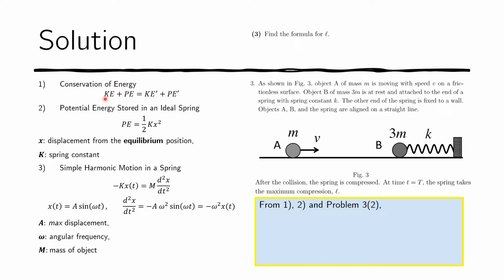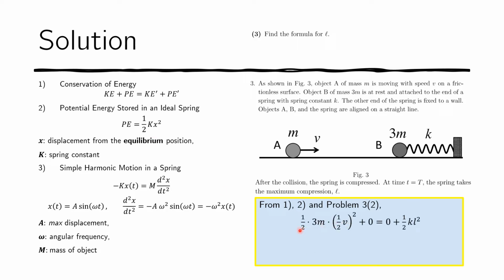And we know that the kinetic energy is just 1/2 times the mass times the square of the speed, and the potential energy of the spring is given here. So let's write them down.